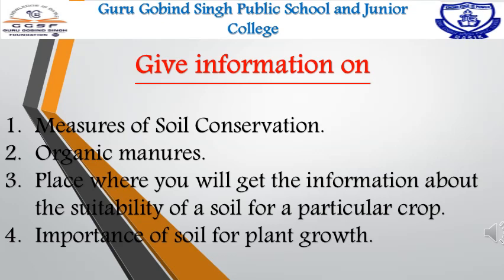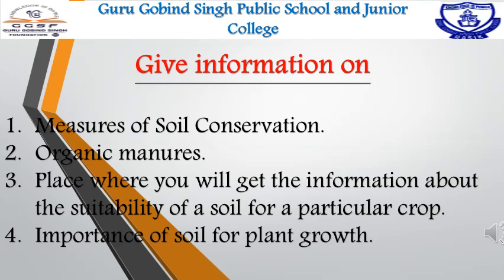The third one is the place where you will get the information about the suitability of a soil for a particular crop. Children, soil acts as a medium of nutrition for the plants, and hence it is important to know the proportions of the various ingredients of soil in order to determine the suitability of a soil for a particular crop.